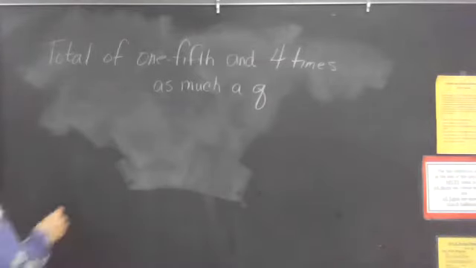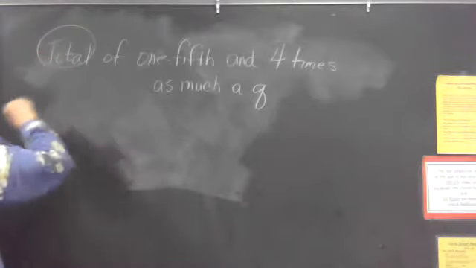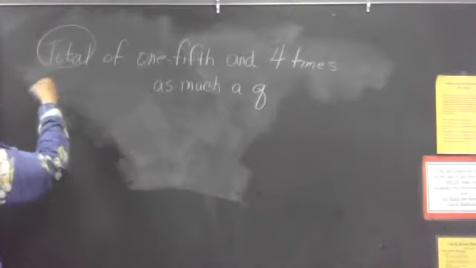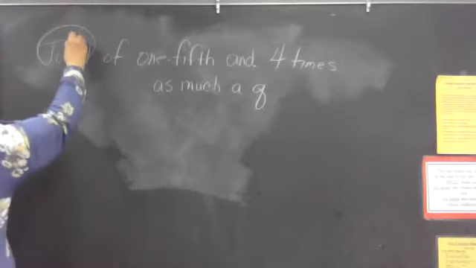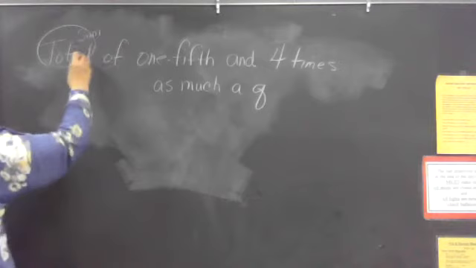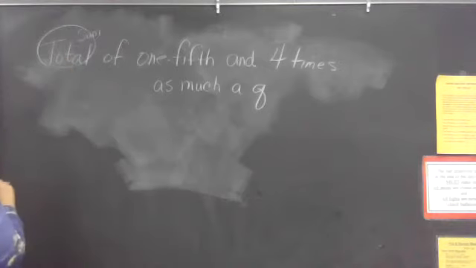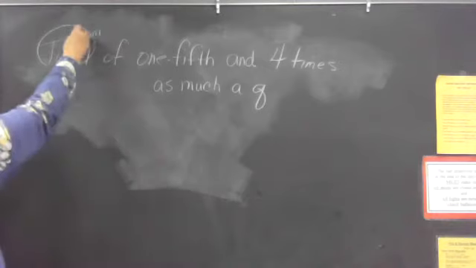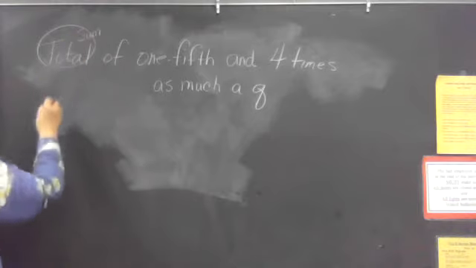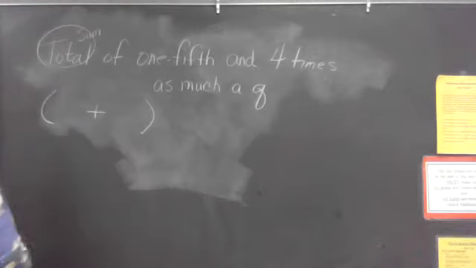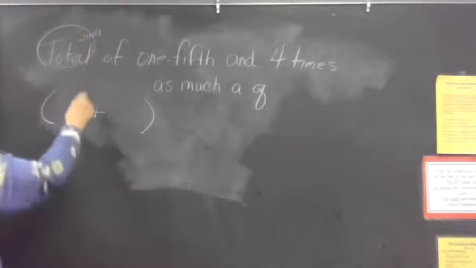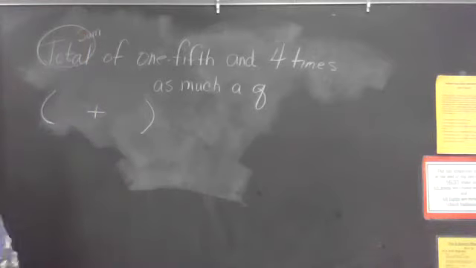But total, we found out, means add, it's on our vocabulary list. We can treat it like sum. So we're going to total up some stuff. So when we see the word sum, that means we're going to add some stuff. So I need parentheses and a plus because it's add.